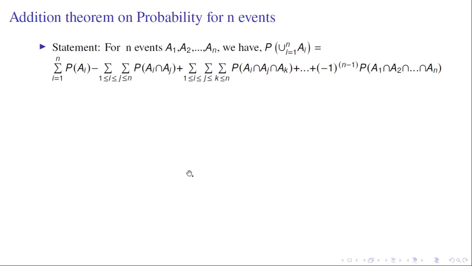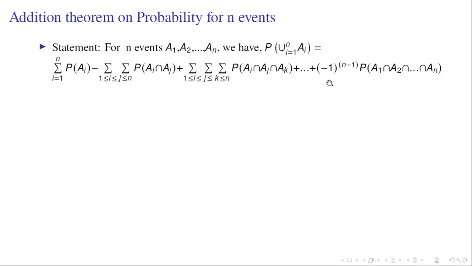Now let us discuss the addition theorem on probability for n events. For n events A1, A2, ..., An, probability of the union of Ai, i equal to 1 to n, is equal to the summation i equal to 1 to n of probability of Ai, minus the double summation, that is two terms, probability of Ai intersection Aj, where 1 is less than or equal to i, less than j, less than or equal to n, plus the summation of three-term intersections, minus and so on.